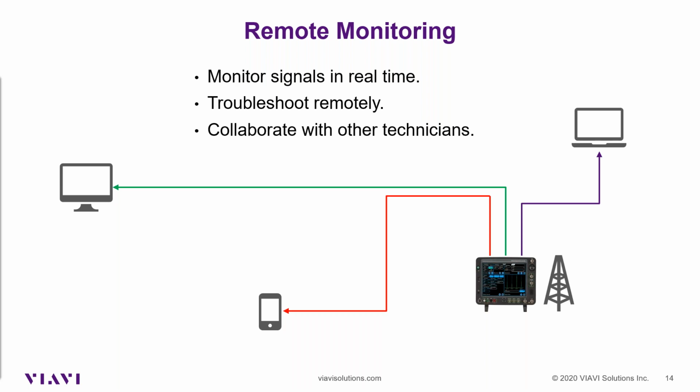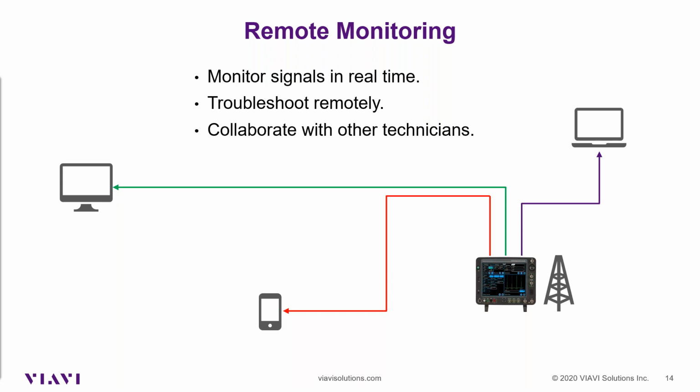I don't know how many times we've been in situations where we're dealing with some sort of problem, and maybe it's at a site that's a 3-hour drive, or a 3-hour hike to get to that tower, and you get there and things are back to normal. Maybe it's an interference issue. Maybe it's some sort of intermittent power thing, or maybe it only happens when it rains.